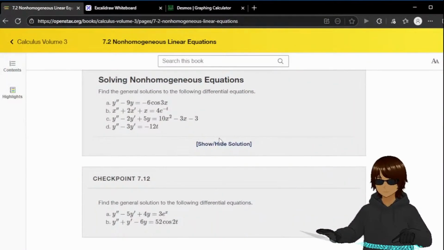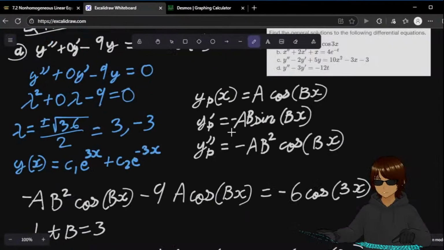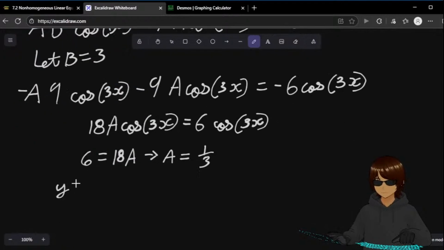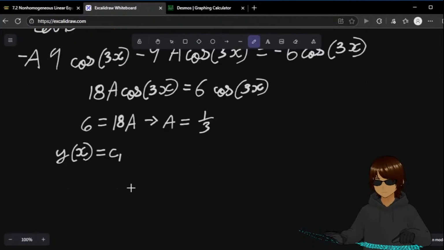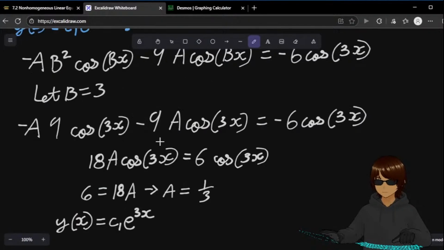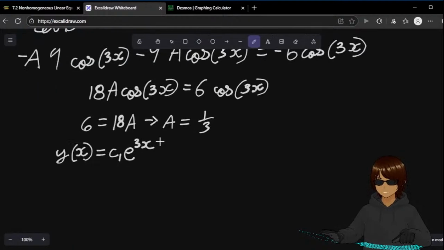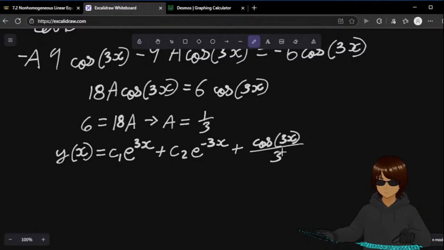Is that right? And then we substitute in this here. We have a particular equation and then C1 e to the power of 3x plus C2 e to the power of minus 3x plus cos x over 3.